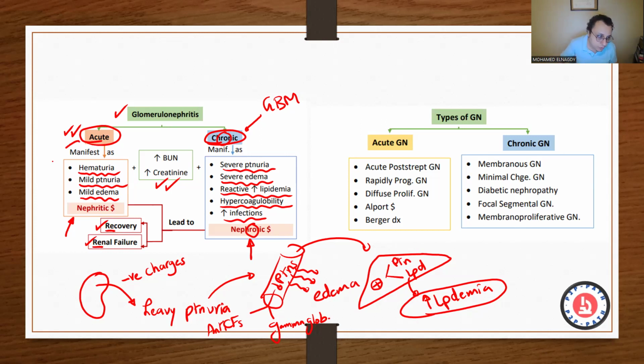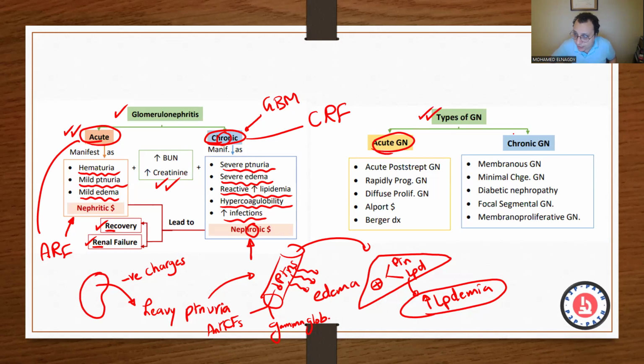And this one will lead to acute renal failure, and this one would lead to chronic renal failure, potentially. So we have two types of glomerulonephritis, as I mentioned: acute glomerulonephritis and chronic glomerulonephritis. The acute glomerulonephritis is the one that leads to nephritic. The chronic glomerulonephritis is the one that leads to nephrotic.